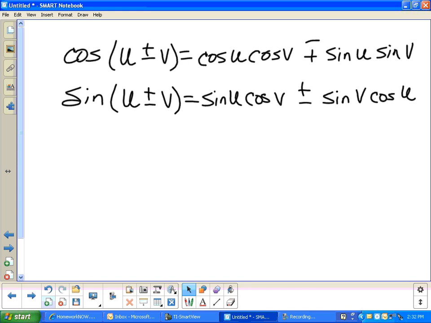Okay, so here are the kinds of problems you can solve with this. First of all, I'd like to prove the cofunction identity and show that it's consistent with what we just learned.